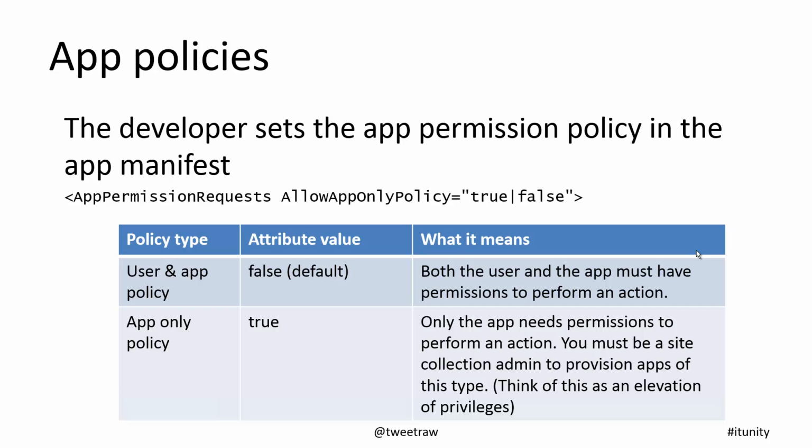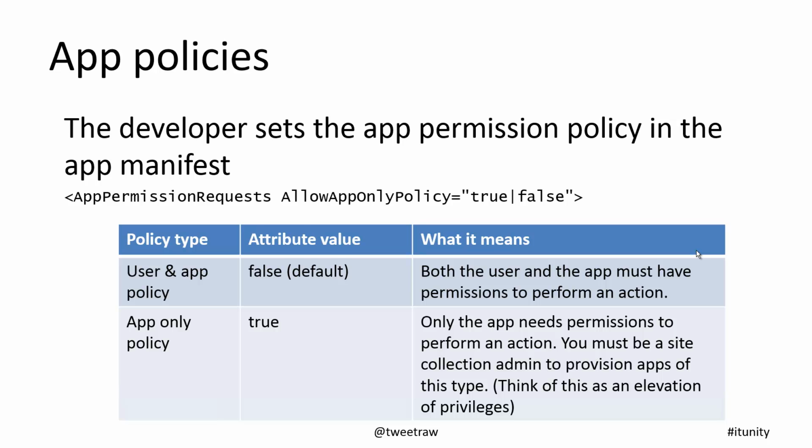Well, curiously enough, by default you've got what we call the allow app only policy. You have two ways that permissions can be validated. The default that we're showing here on the top is that both the user and the application itself must have permissions to perform an action. So let's assume that code within this application needs to read items from a tasks list in the host web.